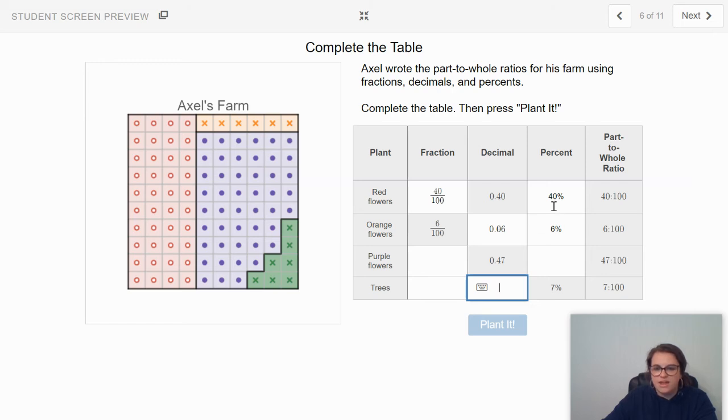Once you have everything put in, I want you to plant it and see if you got it right. If you got it right, all of the spots will be filled up with the same color flower as the spot, and there won't be any flowers outside of the borders of our farm. Pause the video, figure out the purple flowers and the trees, and then start the video to see the answers.